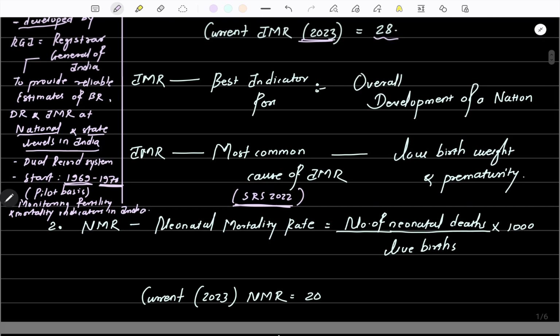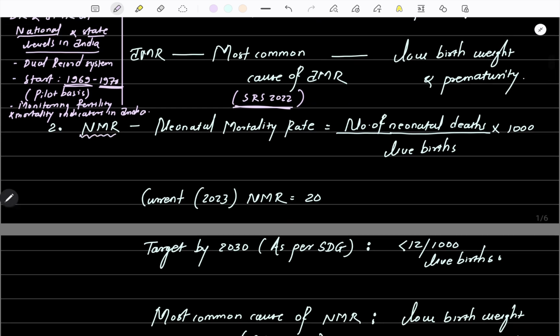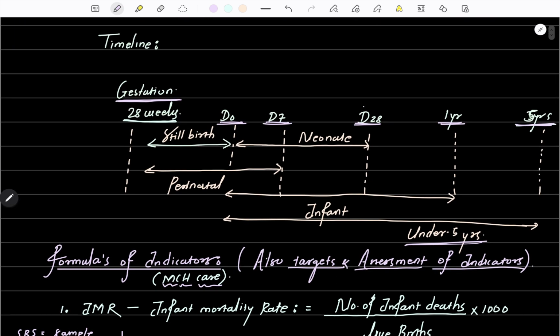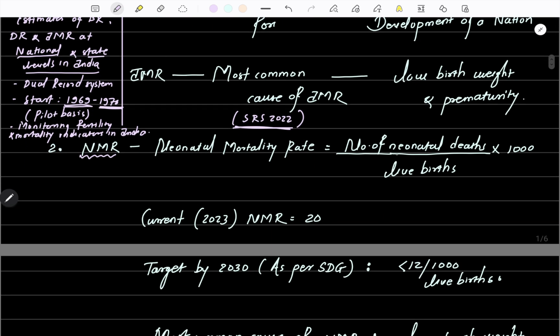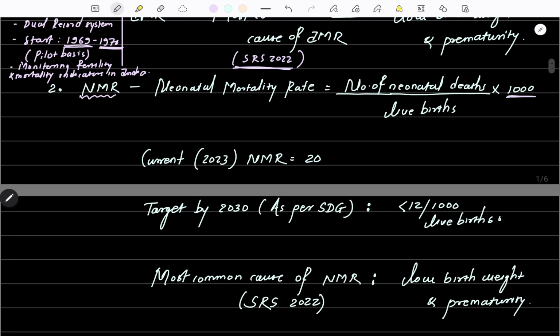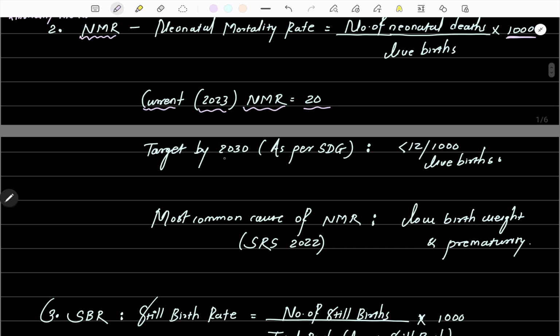Then the second formula we are going to see is the neonatal mortality rate. Neonate is from day 0 to day 28. Neonatal mortality rate is the number of neonatal deaths upon live births into 1000. The current neonatal mortality rate in the year 2023 is 20, and the target by 2030 as per the Sustainable Development Goals is less than 12 per 1000 live births.